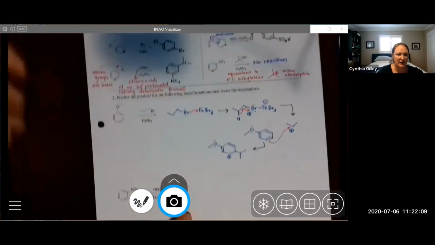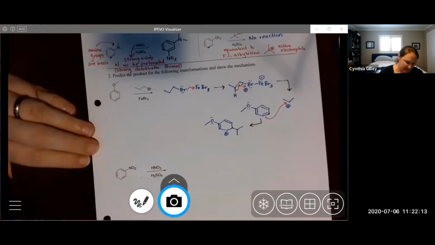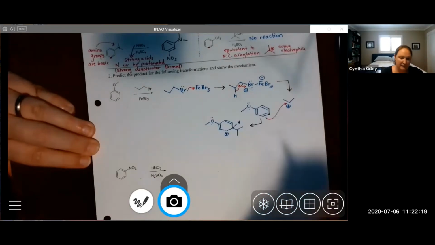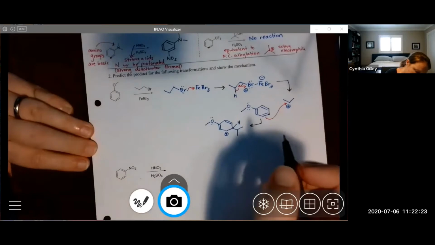But technically, to draw the mechanism, we don't need to draw those unless we're asked to do so. And so we can form the arenium ion. Now we just need to do the final proton transfer.